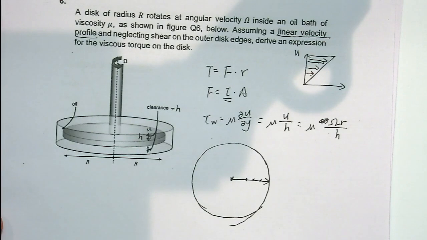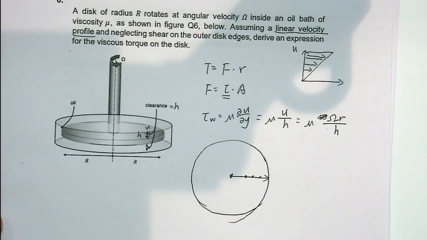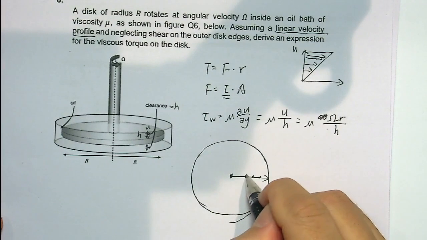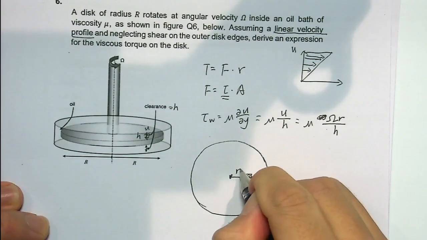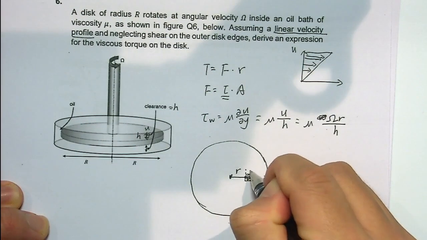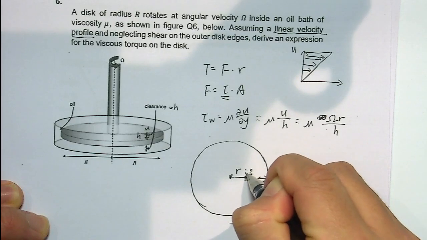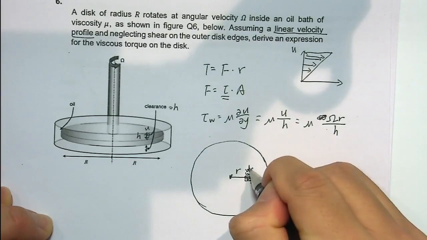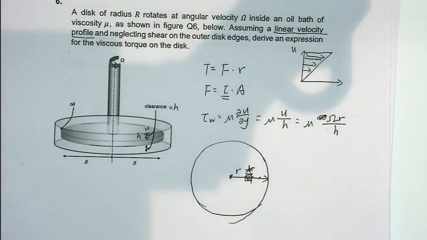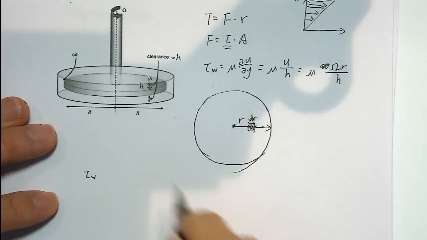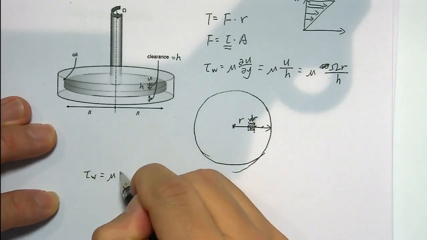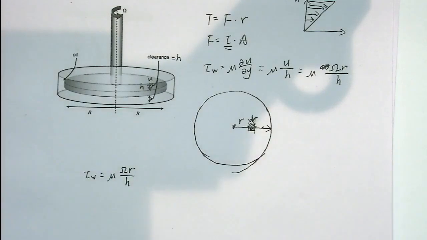Because the shear stress varies along the radius, we take a very small infinitesimal part here, which has the radius r and the length dr. So we can solve the shear stress at this radius, which is tau equals mu omega r over h at this position for this infinitesimal part.